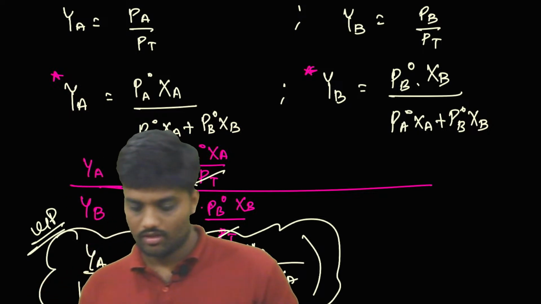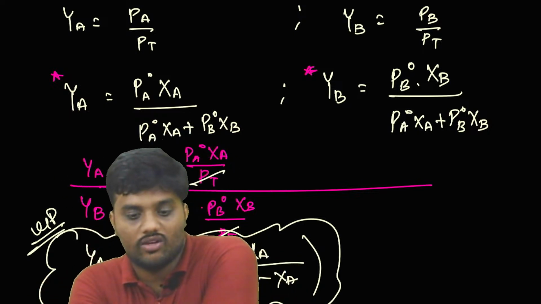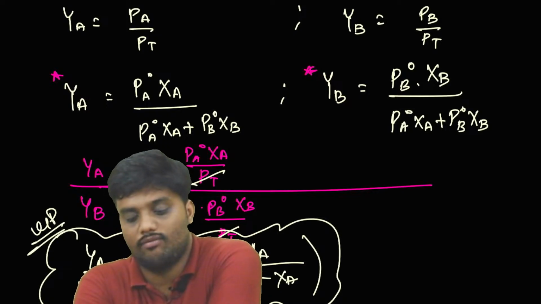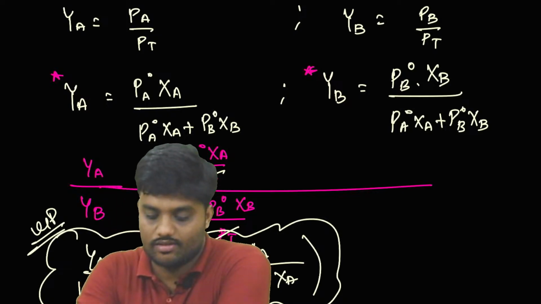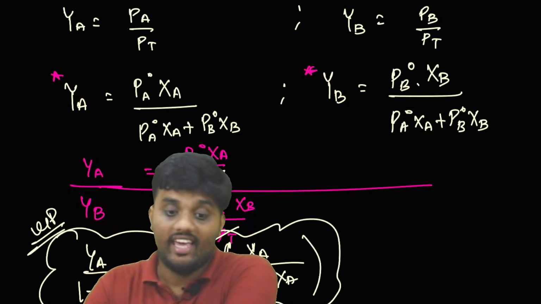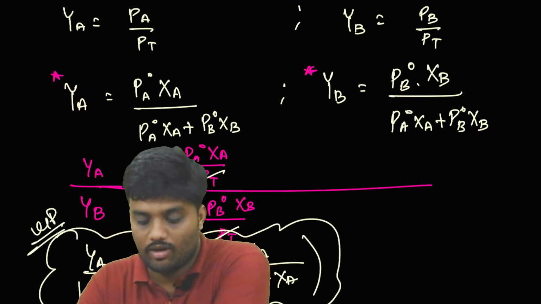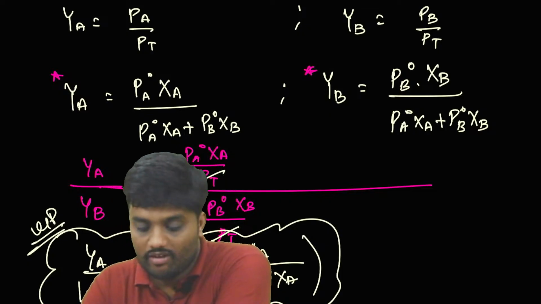Got it? Here, note down what psi a is: psi a is the mole fraction of A in the liquid phase. Ya is the mole fraction of A in the vapor phase.